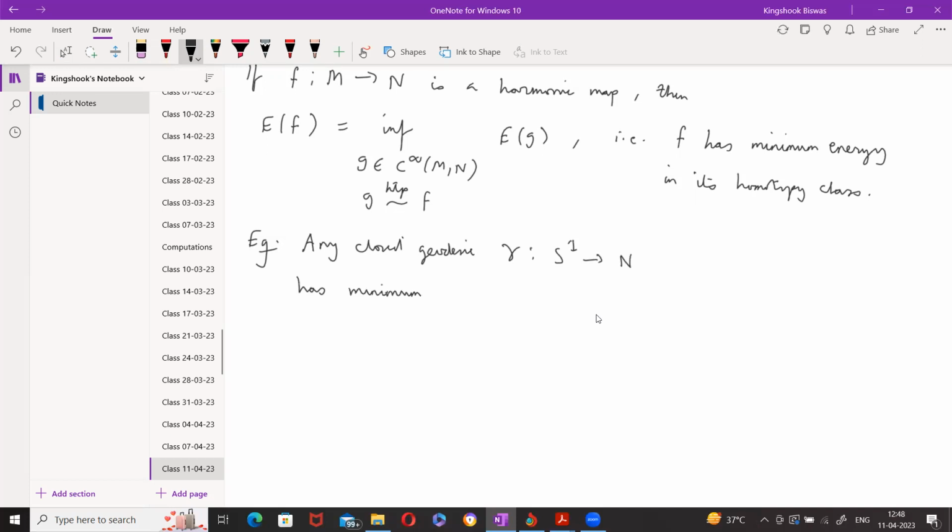And for geodesics, we know that length squared is proportional to energy. So that will tell you that in fact this has minimum length in its homotopy class also.